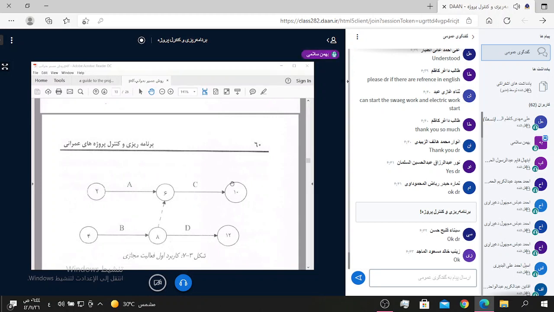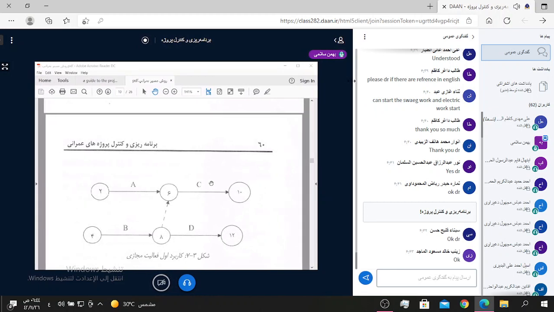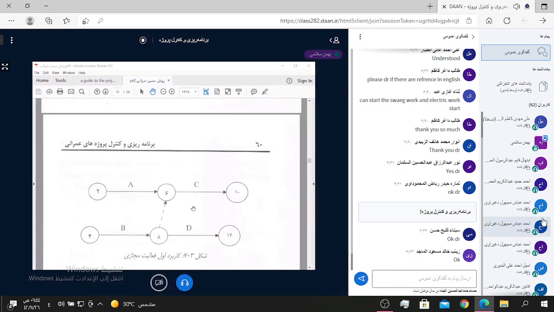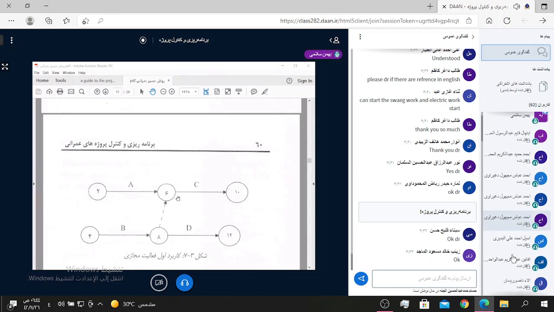But maybe in some networks we have dummy activity. We use dummy activity for a better relationship between the activities.